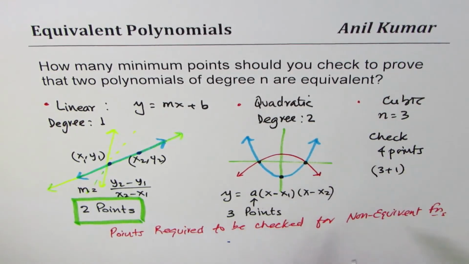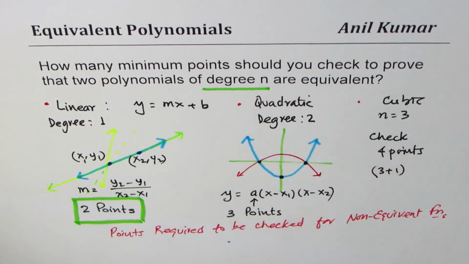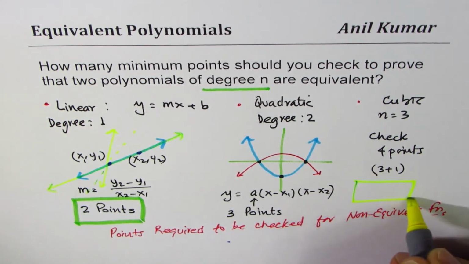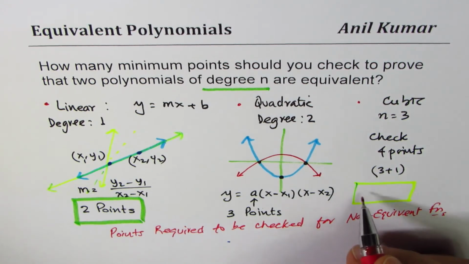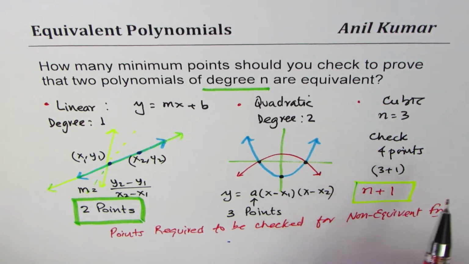Do you see that? And that gives us our result, that for a degree n polynomial, we need to check how many points? We need to check n plus 1 points. We need to check n plus 1 points to show that they are non-equivalent or they are equivalent, right?